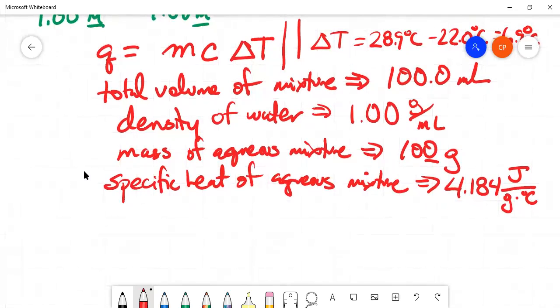Hey, we can compute a heat that is absorbed by this water in the solution.